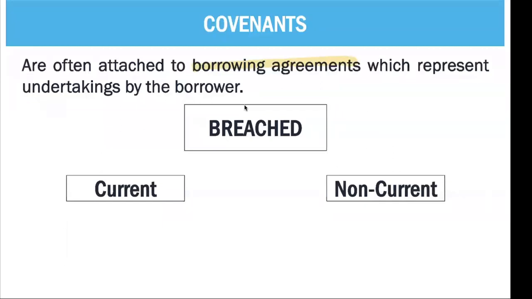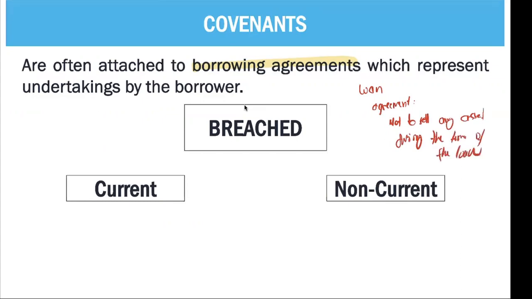For example, you have a loan, let's say a 5-year loan, and under it you have an agreement not to sell any asset during the term of the loan. Okay, that is the covenant. It's considered as a borrowing agreement.